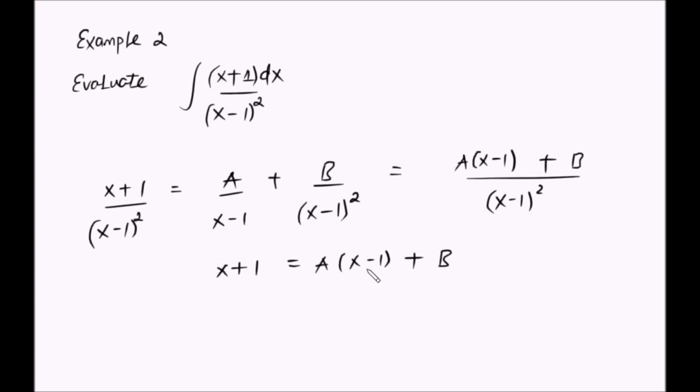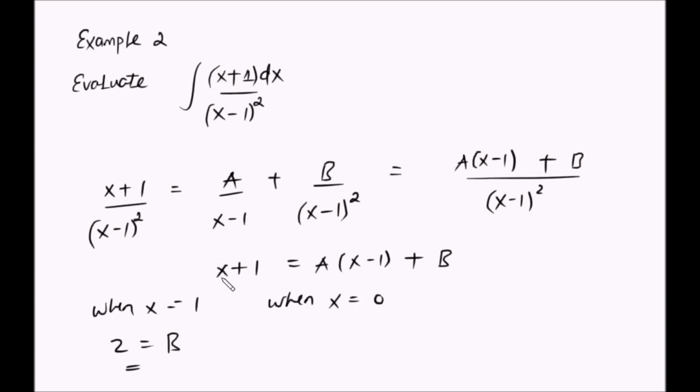To get b, I can eliminate a by putting x equals 1. 1 plus 1 is 2, and 1 minus 1 is 0, so a disappears and b remains. So b is 2. So I can put x equals 0 now to get a, or x equals any number.